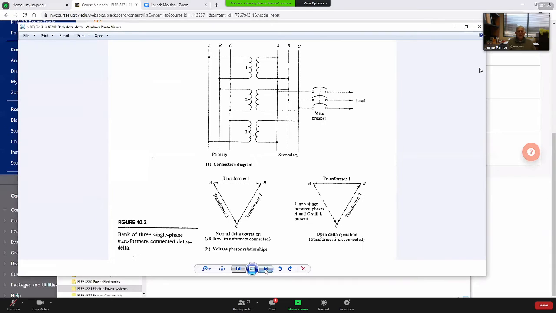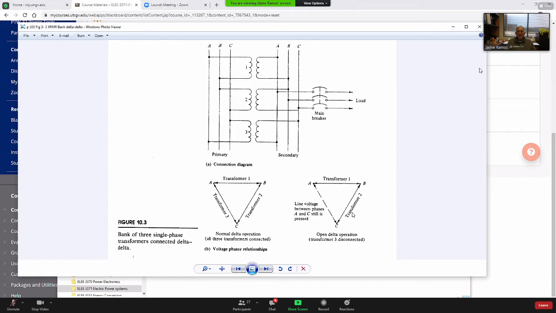Next, this is another advantage of these ungrounded delta connected systems. On the left, we have the 3 transformers working. On the right, transformer 3, which is connected between A and C, is missing. Only transformer 1 and transformer 2 are operating.